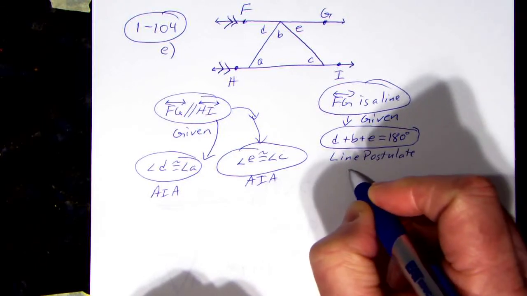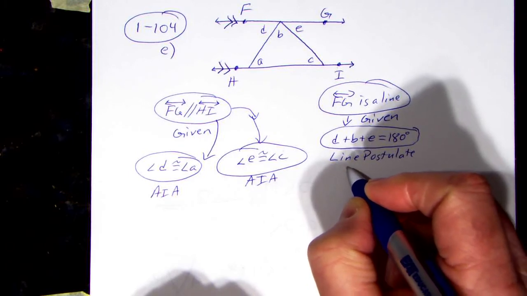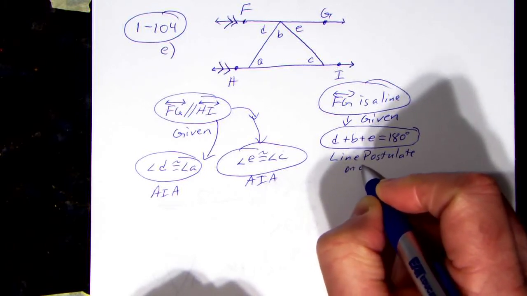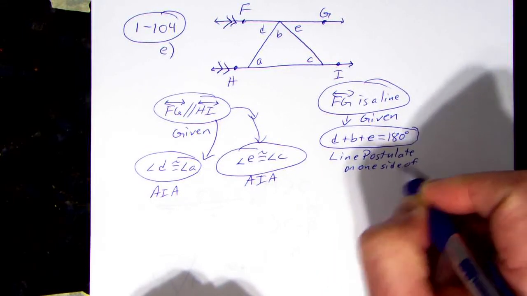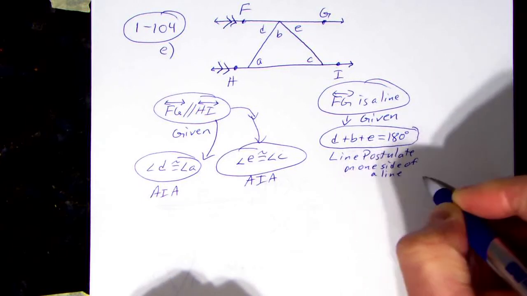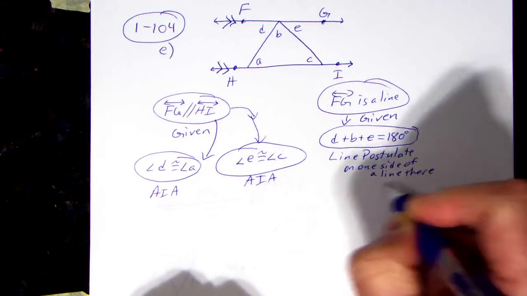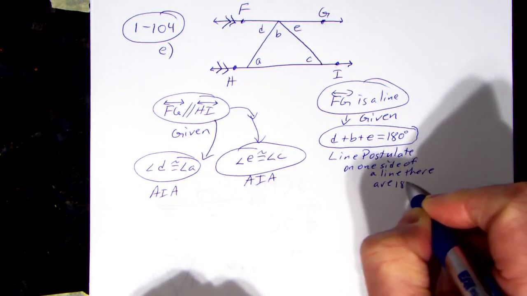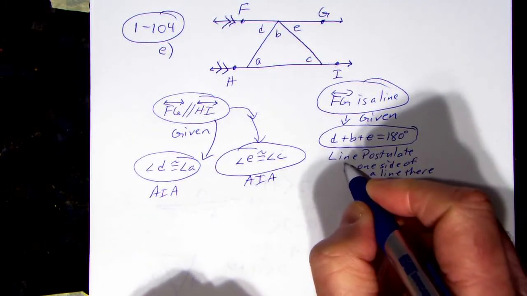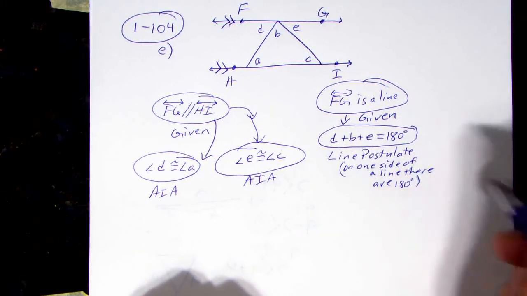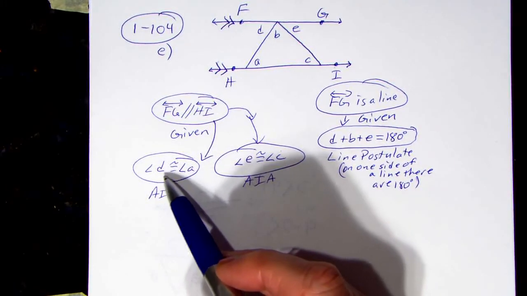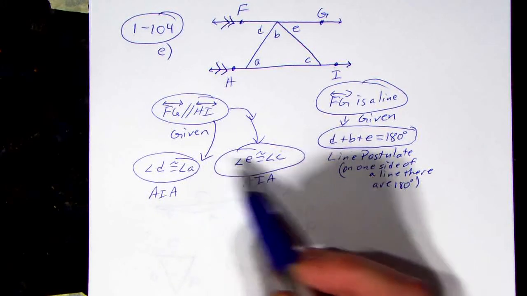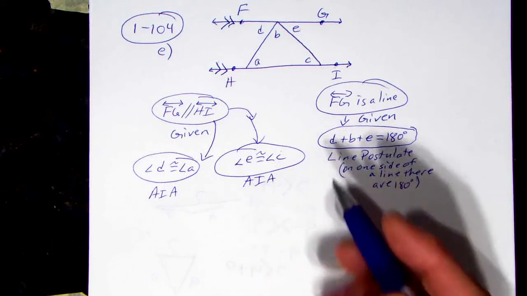And the line postulate says that on one side of a line, there are 180 degrees. That's a paraphrasing of that. Now, here what we have is we had a statement about D and A being congruent and E and C being congruent.